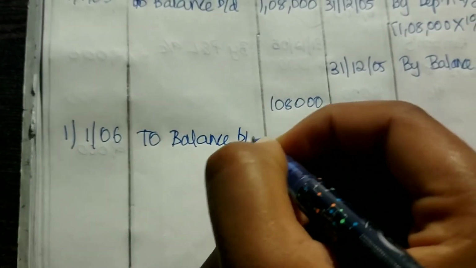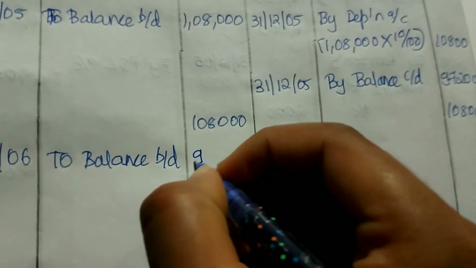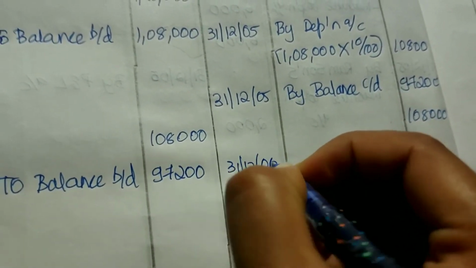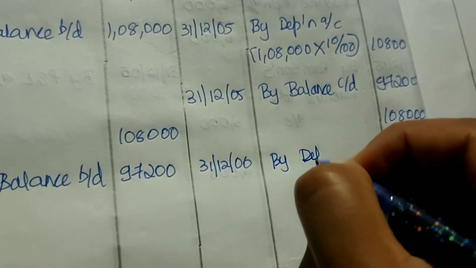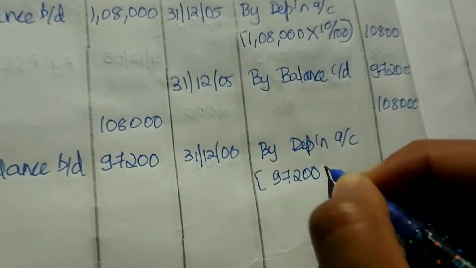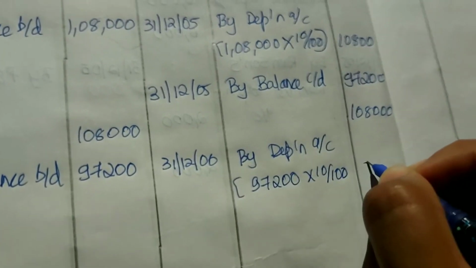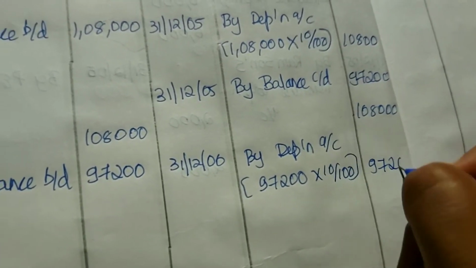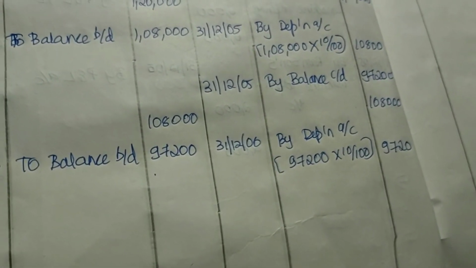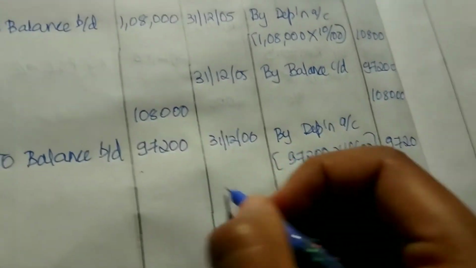Now you're going for the third year. To balance brought down, you take the balance of last year. So 97,200 is the balance. Now depreciate on the balance by depreciation account. For 10% you will get 9,720. So subtract 9,720 from 97,200.